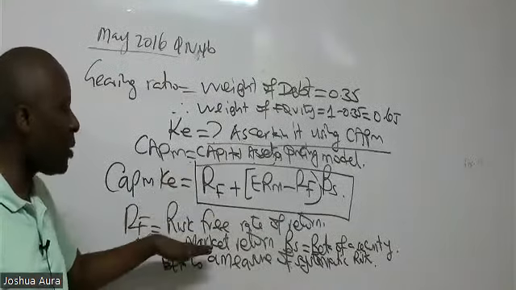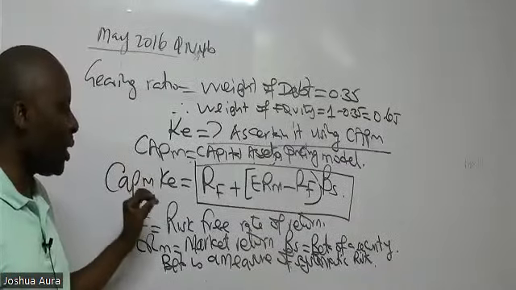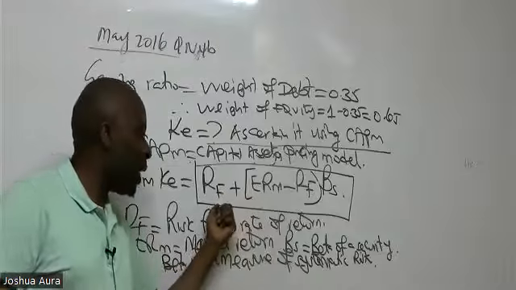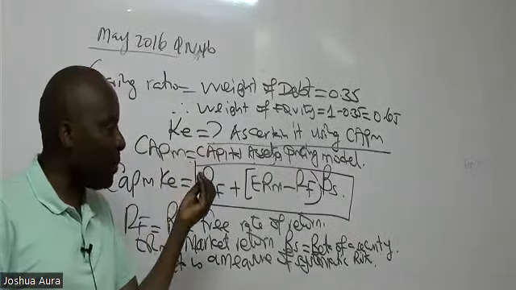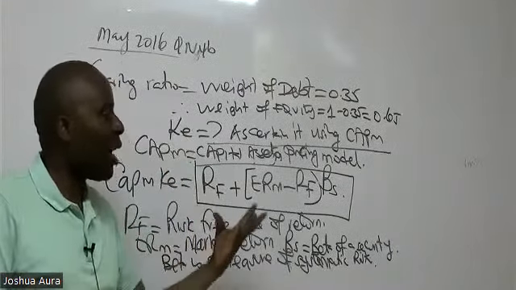The thing I want you to cram here is that CAPM cost of equity will always be equal to risk-free plus ERM minus this risk-free, to get the risk premium. And once I have the risk premium, it must always be multiplied with the beta of a security.